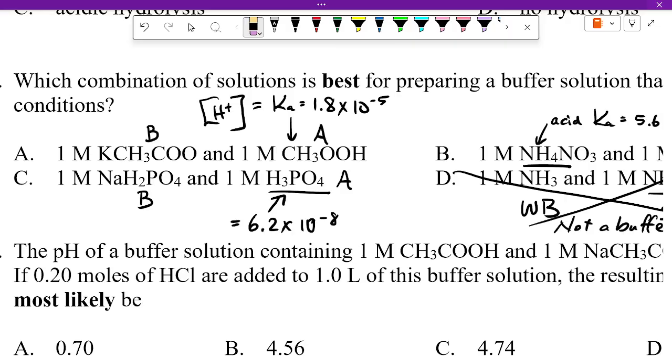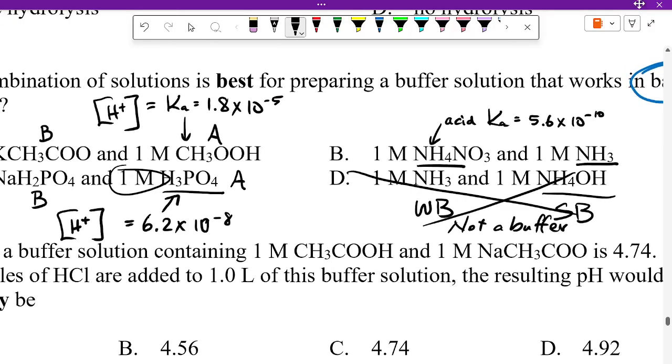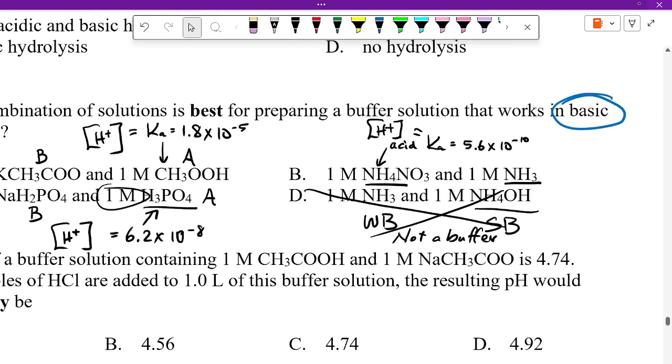If we're just doing ballpark, our hydrogen ion concentration is going to be close to 6.2 times 10 to the minus 8, even if these concentrations are slightly different from each other. This one, there's our concentration of hydrogen ion. In which of these situations do we have a basic hydrogen ion concentration?